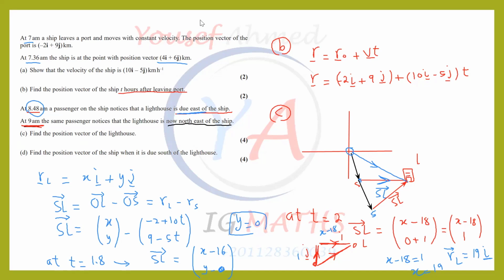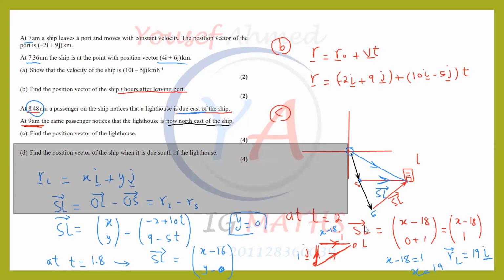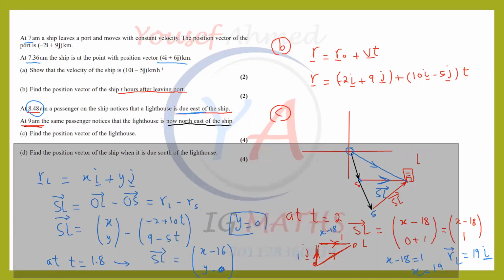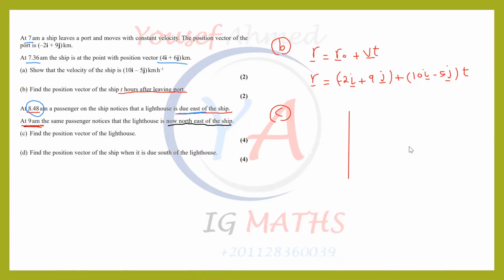In point D, it says the position vector of the ship when it's due south of the lighthouse.